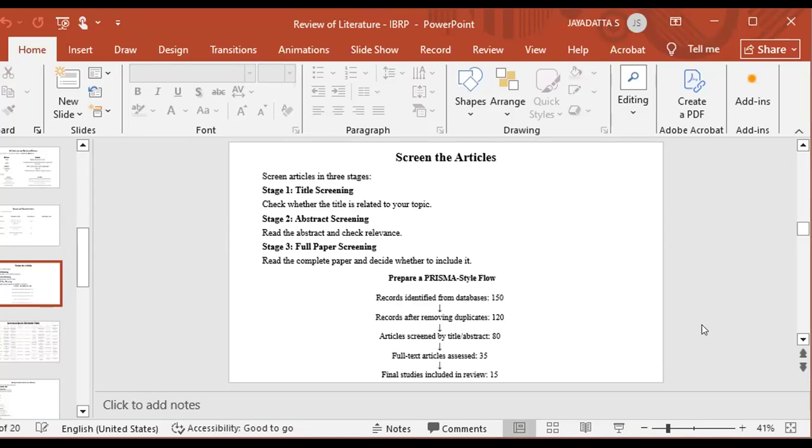All these things are very important. Whether you include it or not is something you decide after reading a research paper only, not before that. So these are the 3 very important stages you need to consider very strongly before you include that particular research paper.